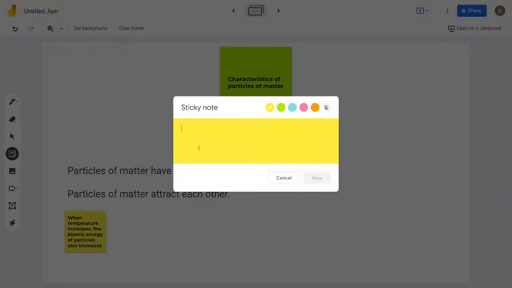Let me again write here that the intermixing of particles of two different types of matter on their own is called diffusion.